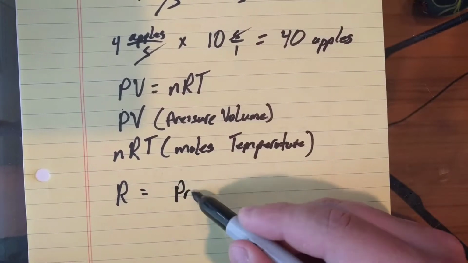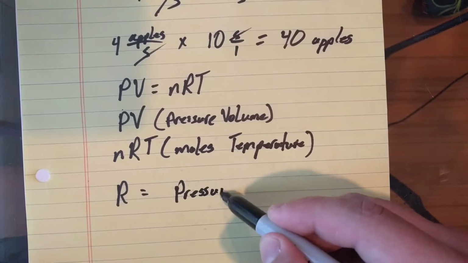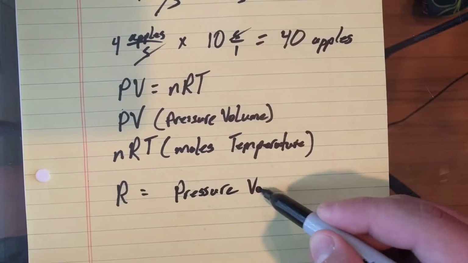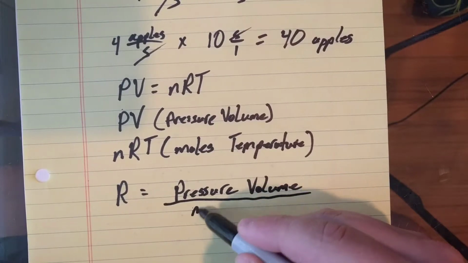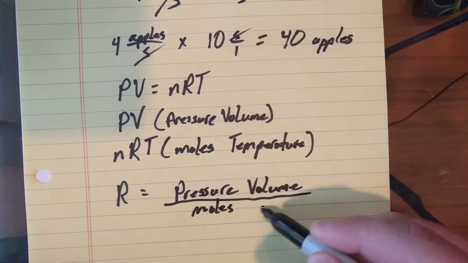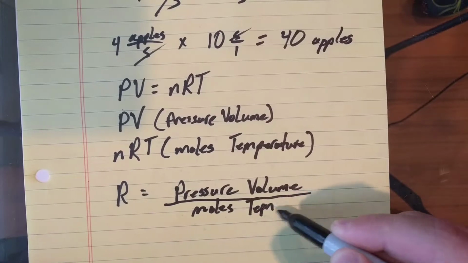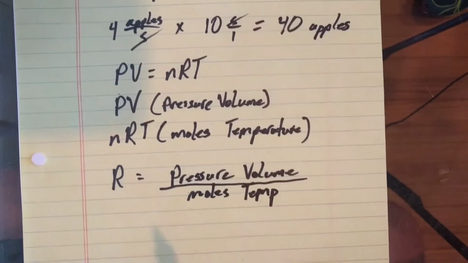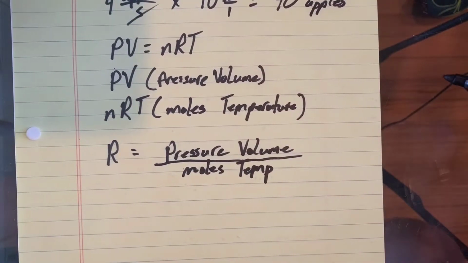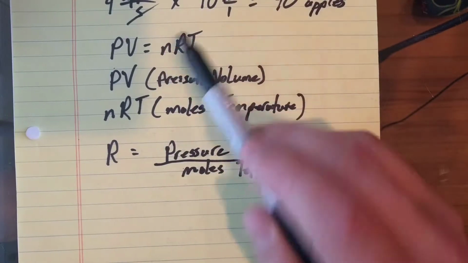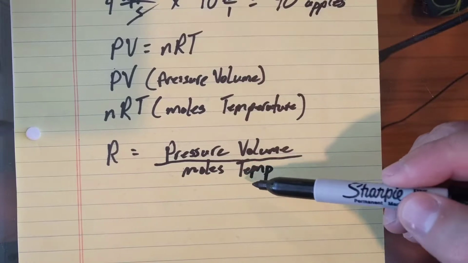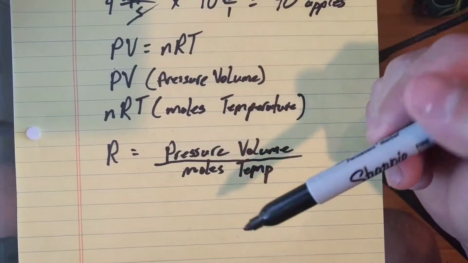It has to be pressure, volume, over moles, temperature. Okay? Otherwise, the equation isn't true, right? Because look at where R is. R is right here next to moles and temperature. So you need to cancel out the moles and temperature and just leave pressure, volume. Okay?